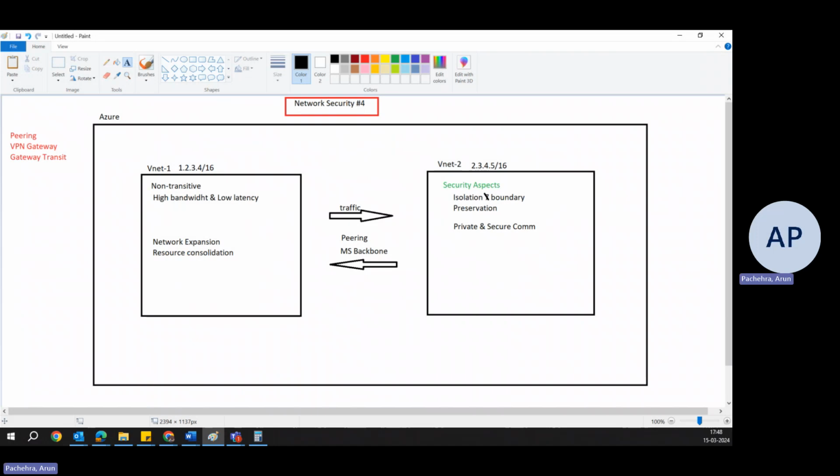But what if this is the requirement of my organization? If traffic gets out of this VNet, it doesn't matter if it is going through the backbone or whatever, it should be encrypted. What you can do is implement data-in-transit encryption on the application or data layer. That is the first way.